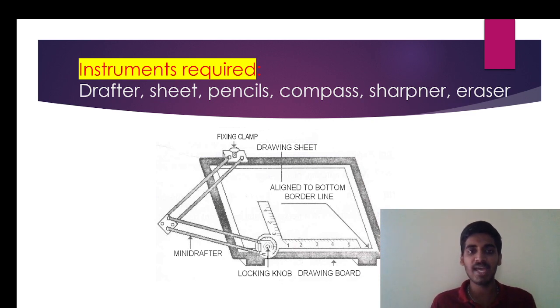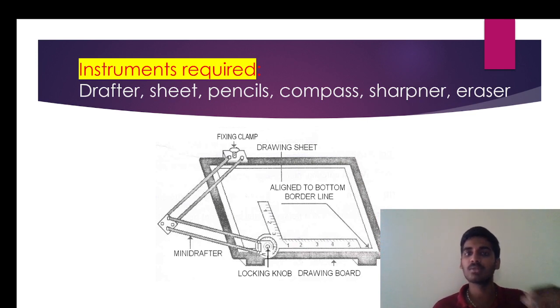General drafters won't have any errors, but depending on the transport, if you're going by bus, there may be jerks or something, so error may occur. So please check once before using the drafter. If that mark is exactly at zero, you don't have any errors.